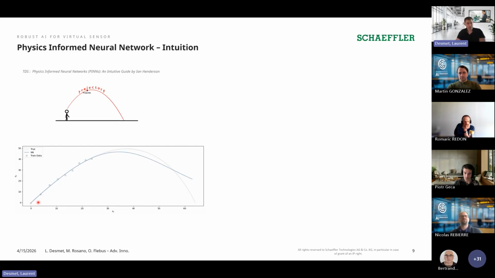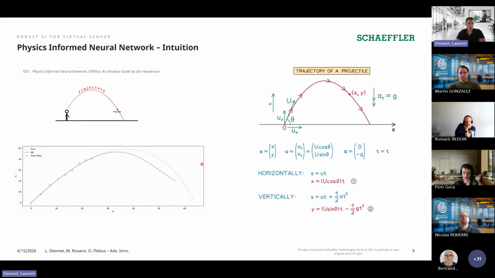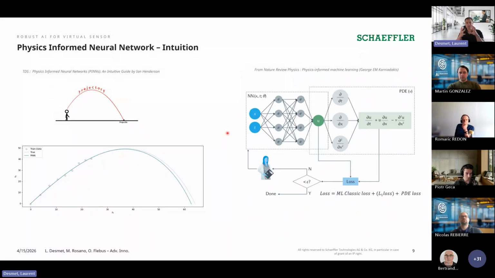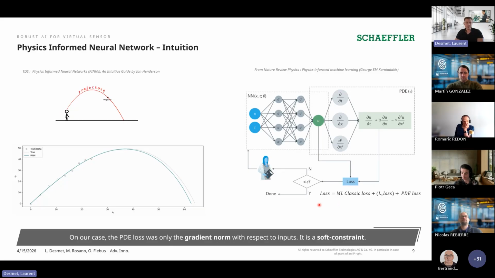Because from a pure data point of view, this is supposed to rise, so you cannot expect anything else. That being said, you know that the ball will eventually fall because you know some physics laws. And actually what you can do is plug them in the loss function to minimize the physics loss, the PDE loss here, and your data-driven loss, okay? So at the end of the day, your loss function, composed of these terms, will satisfy the data-driven loss and the physical quantity.